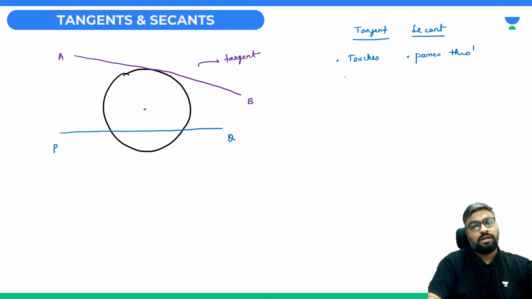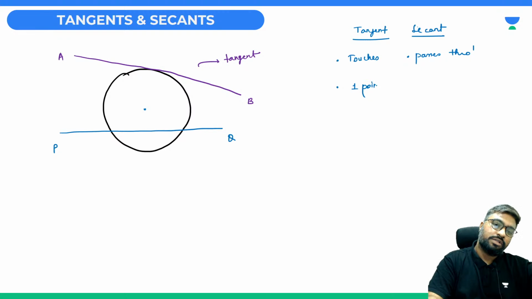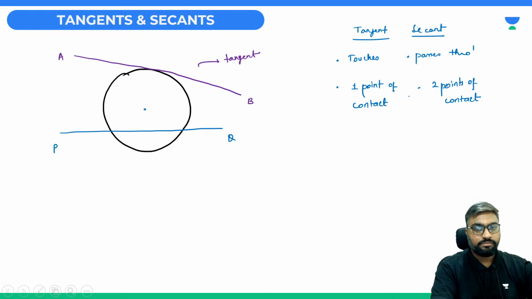A tangent touches the circle at only one point. There's only one point of contact. But a secant has two points of contact. I hope this is clear.